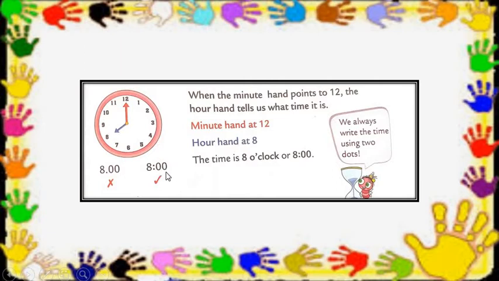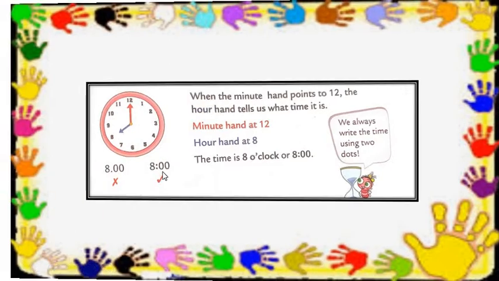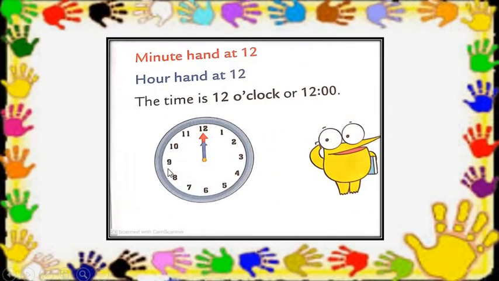How should we write the time? Minute hand at 12. Hour hand at 12. So, the time is 12 o'clock or 12:00.